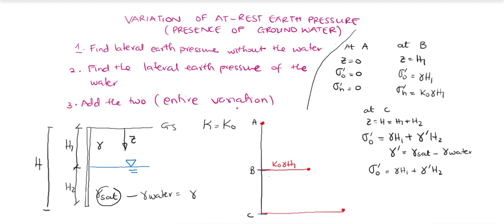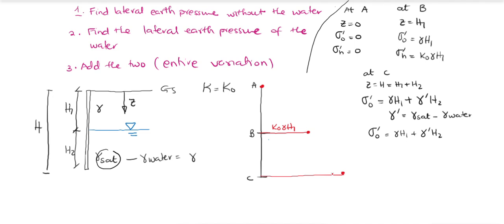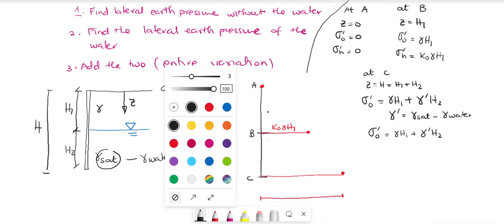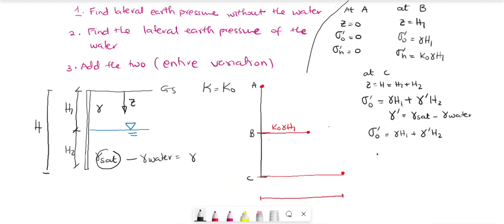So before we plot, we have to find the at-rest earth pressure. So that gamma prime of H, you just multiply by K naught, and so it's going to be K naught gamma H1 plus effective gamma H2.